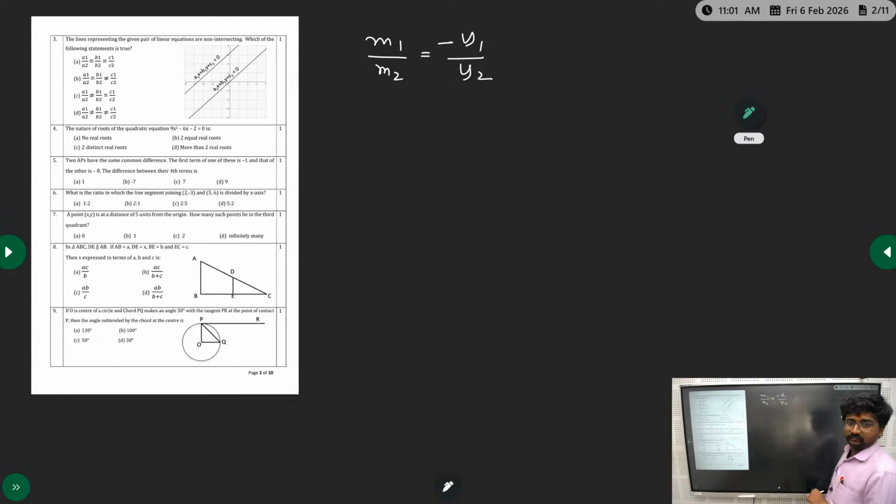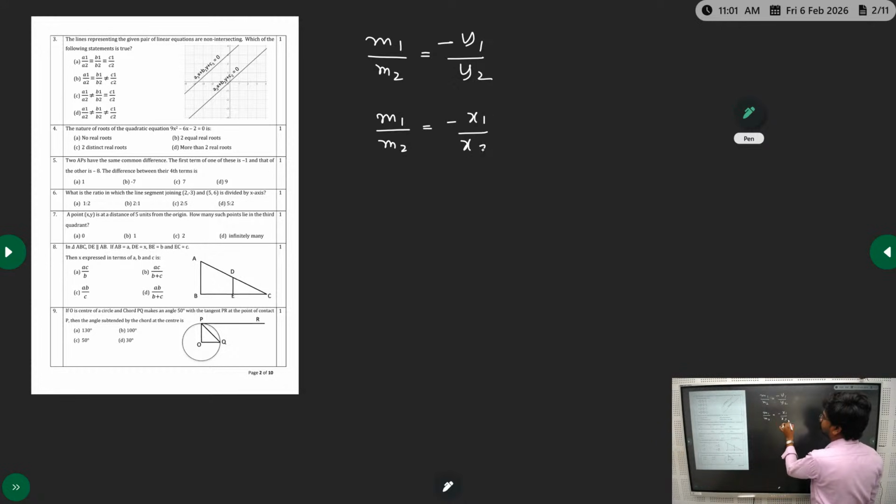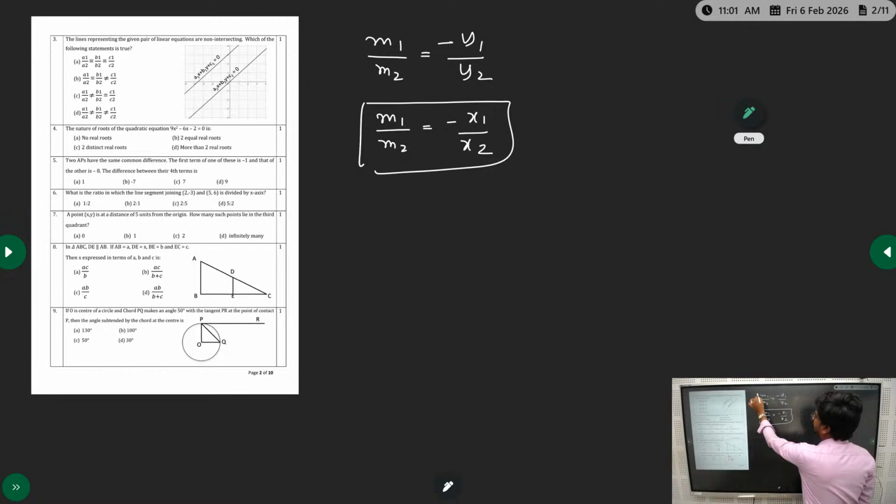Next line: if the point lies on the y-axis, m1 by m2 is equal to minus x1 by x2. Remember these formulas.